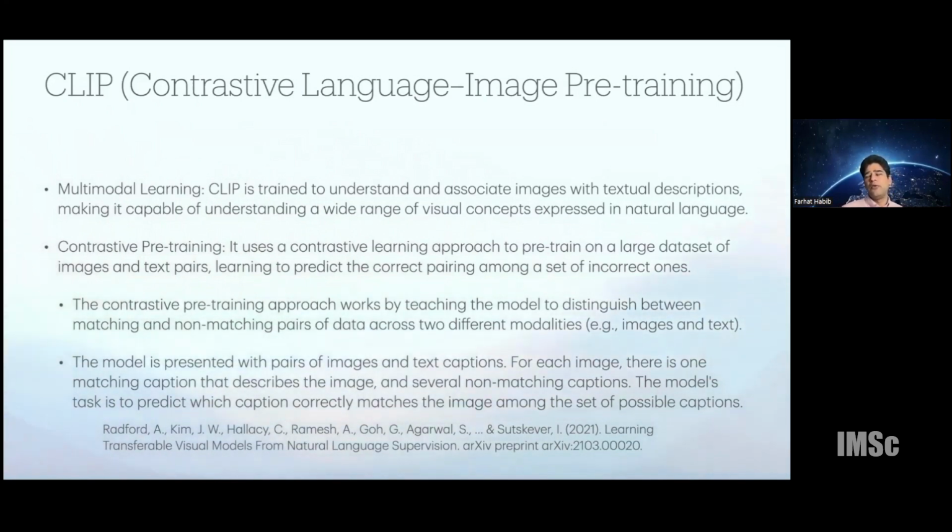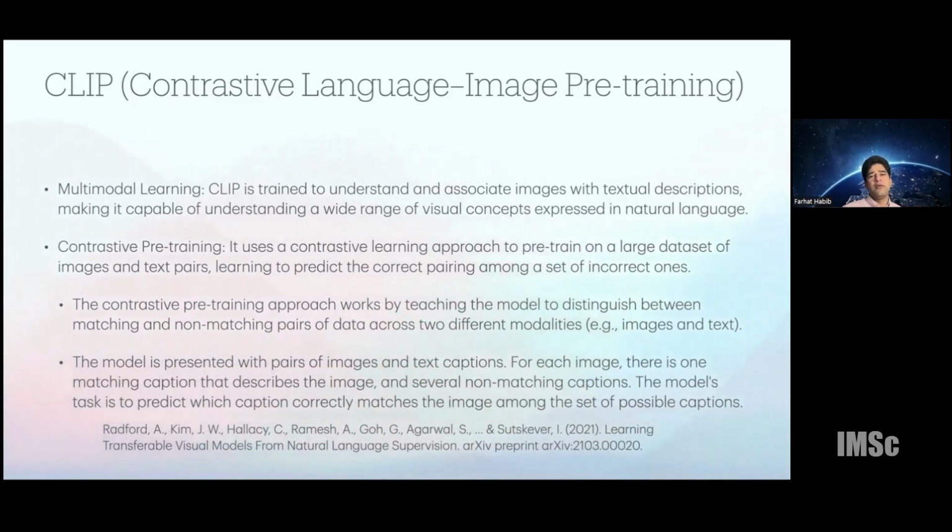What they did was take images which had a particular caption associated with them, and a bunch of captions that had nothing to do with the image, and they performed something called contrastive pre-training. Contrastive pre-training teaches the model to distinguish between matching and non-matching pairs of data. In one case, the image is matched to a particular caption, and in the second case, the image is not matched to a particular caption.